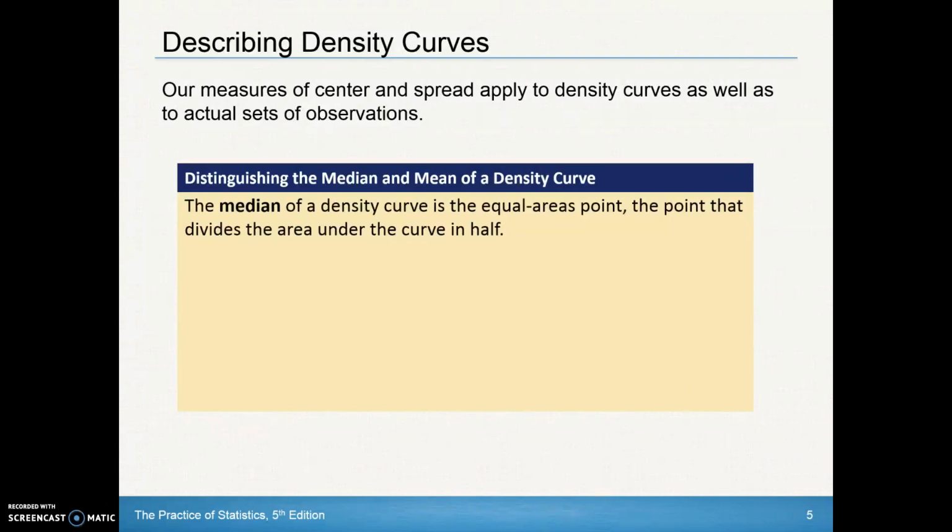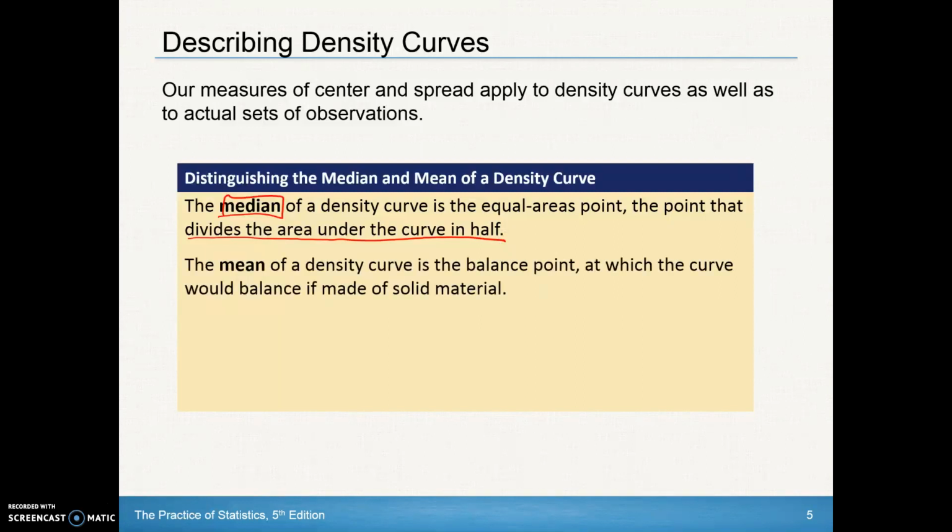So just in general, the median, remember, is the part that marks the middle of the data, and it's the point that divides the area under the curve in half. That makes sense. Median, middle, half. The mean of a density curve is the balance point. It's a way to remember this: where would you put the fulcrum of a seesaw on that distribution? So where would it balance?